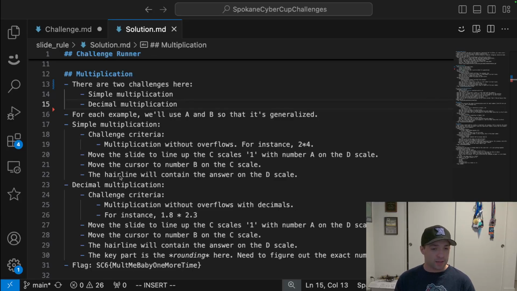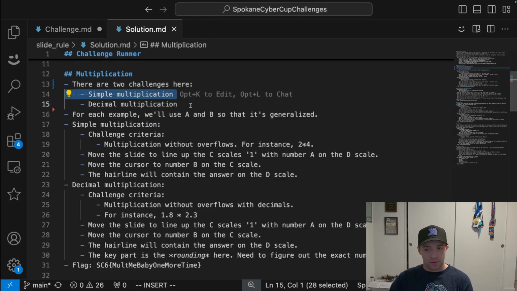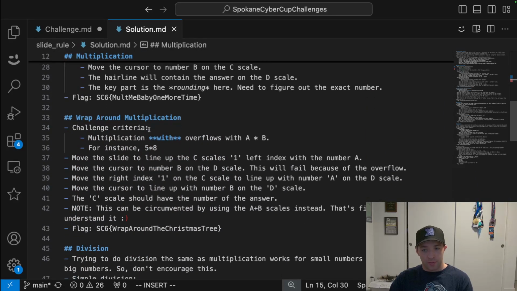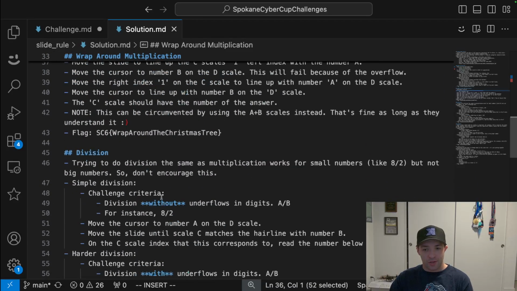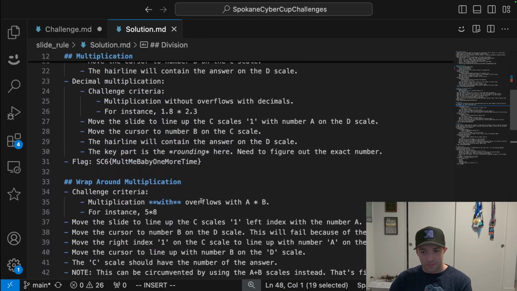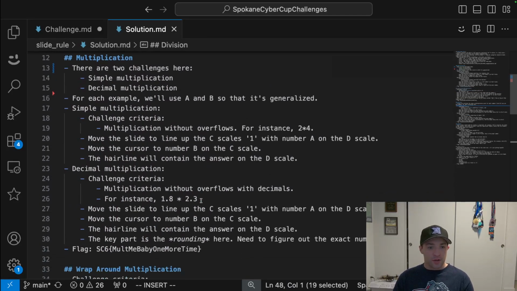And once you've given it to them and they've solved it, there may be more than one challenge. So for multiplication, there's simple multiplication, and then there's decimal multiplication. On wraparound multiplication, it's just the one. And then on division, there is simple division, and then there's underflowing division. So it is the coach's responsibility to understand the criteria of these numbers in order to administer these challenges correctly.